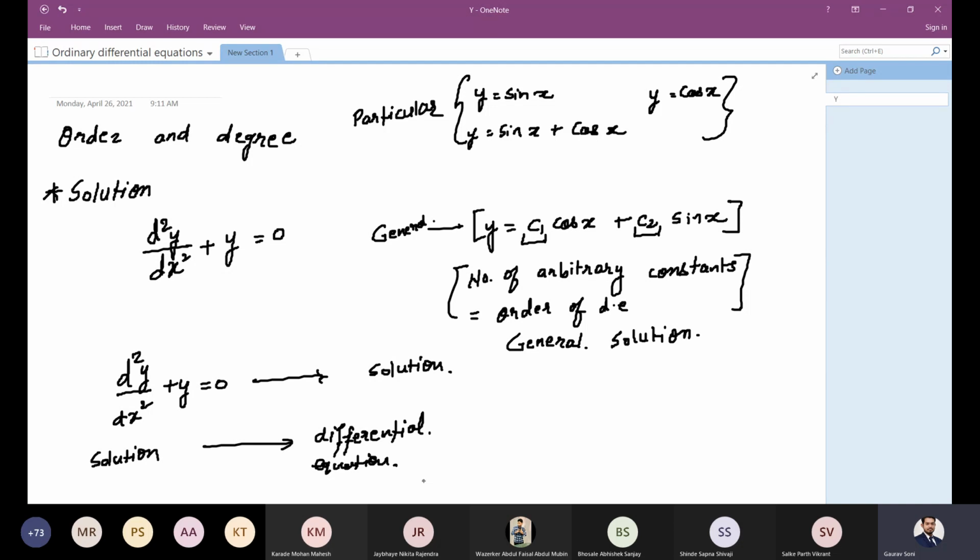Just a logical thing, can you form a differential equation for the function y is equal to c1 e to the power x? Can you make a differential equation from this?